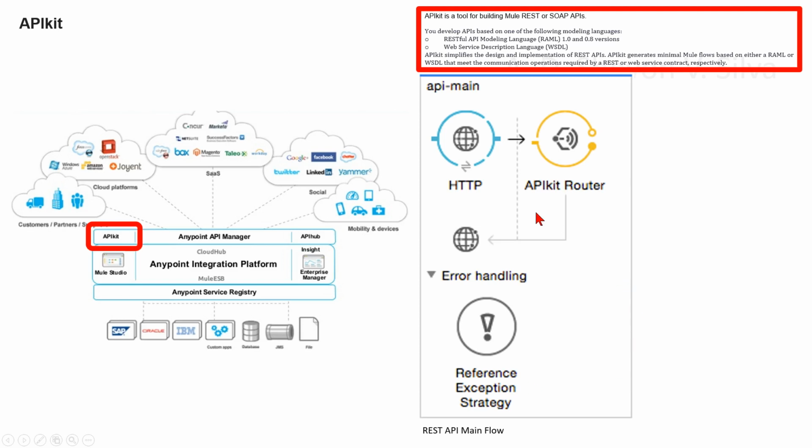The APIkit router tasks include routing messages, serializing responses, and validating payloads, headers, query params, and URI params.